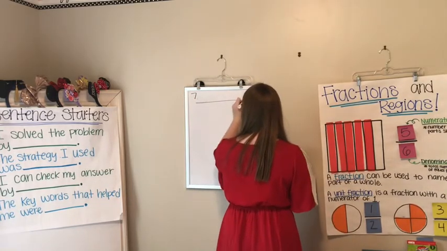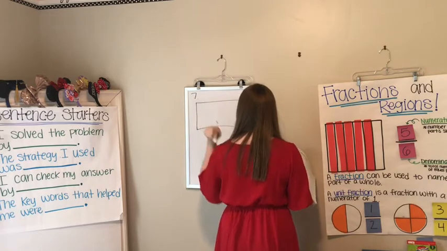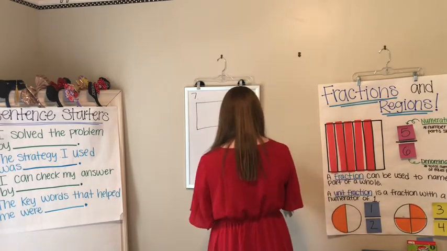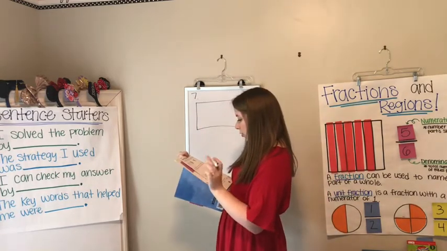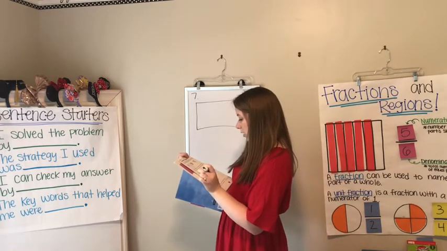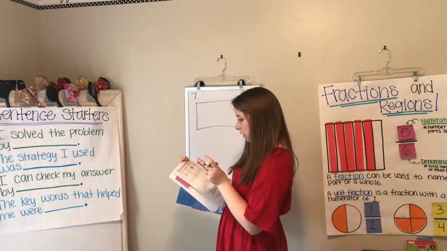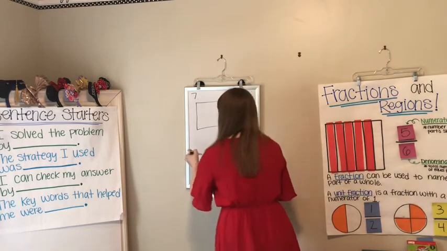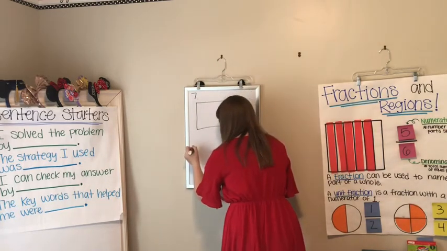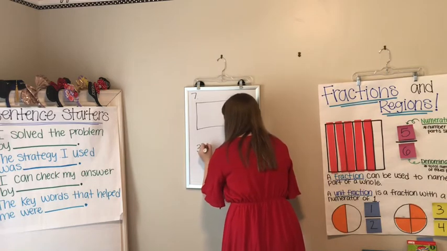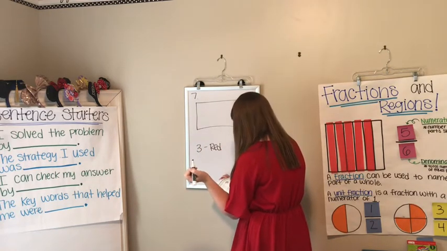I'm going to draw me a rectangle. All right, and it says that 3 parts of the rectangle are red and 2 parts are blue. I'm going to write that down because that's important and I think I'm going to forget it. So 3 are red and 2 are blue.